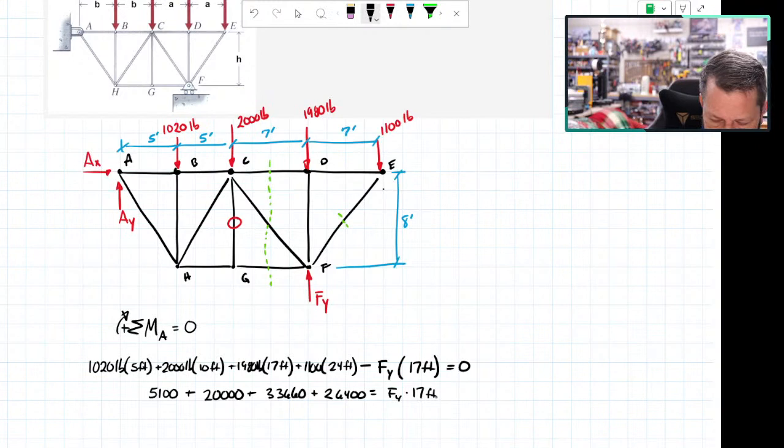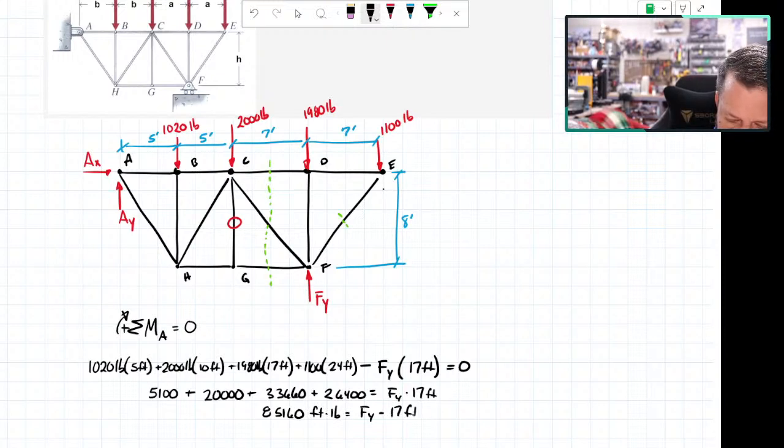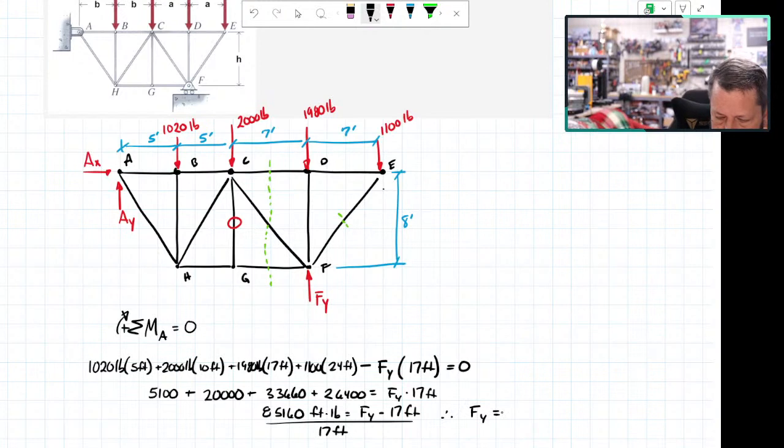So all of these add together: 5,100 plus 20,000 plus 33,660 plus 26,400 is 85,160. Those units are foot-pounds. We'll put them back now. Equals Fy times 17 feet. Divide by 17 feet. Fy equals 5,009.4 pounds.